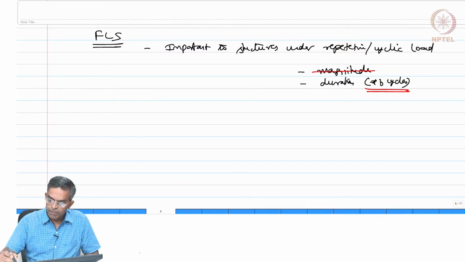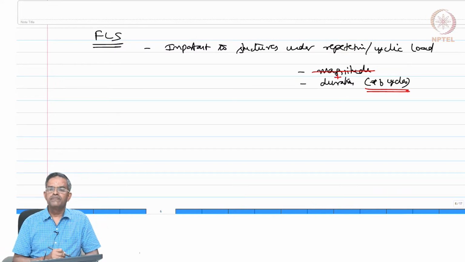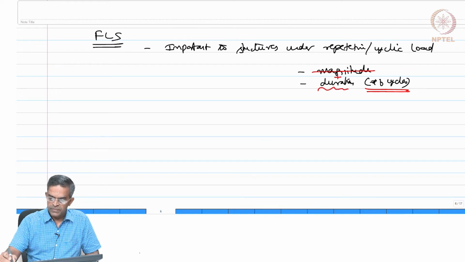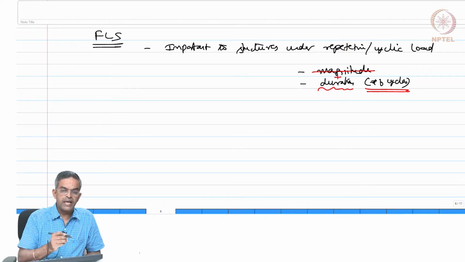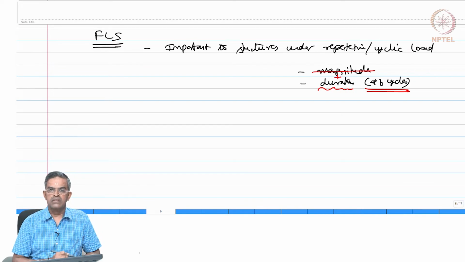The magnitude plus the duration, that is the number of cycles the load is applied on the structural system. So, fatigue limit state takes care of those structures which are exclusively under repetitive or cyclic loads.